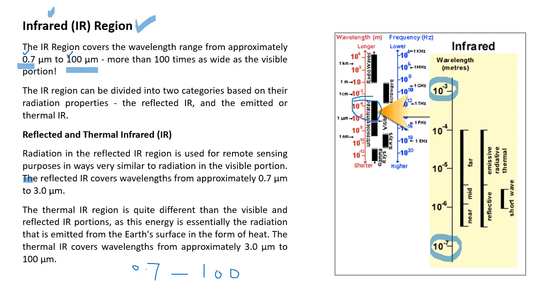But this whole group you can divide into two subgroups. One is 0.7 micrometer to 3 micrometer. This one behaves like the reflected one, so it is called reflected infrared.